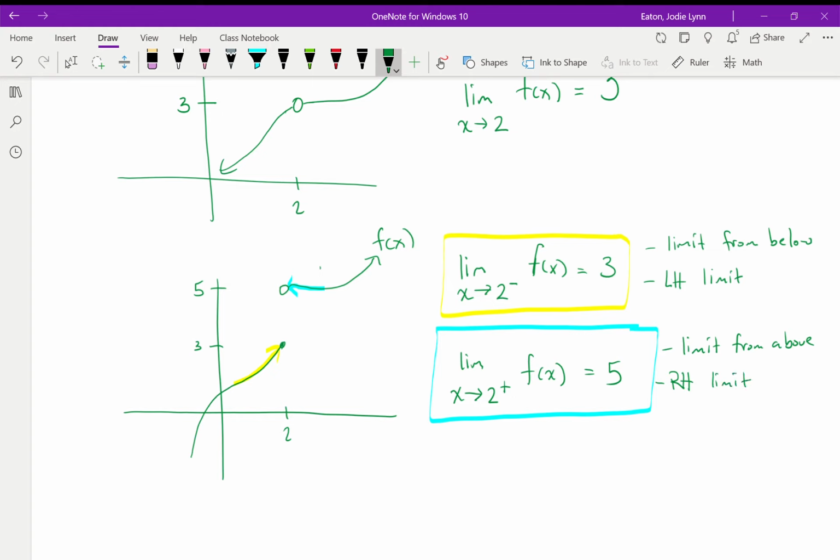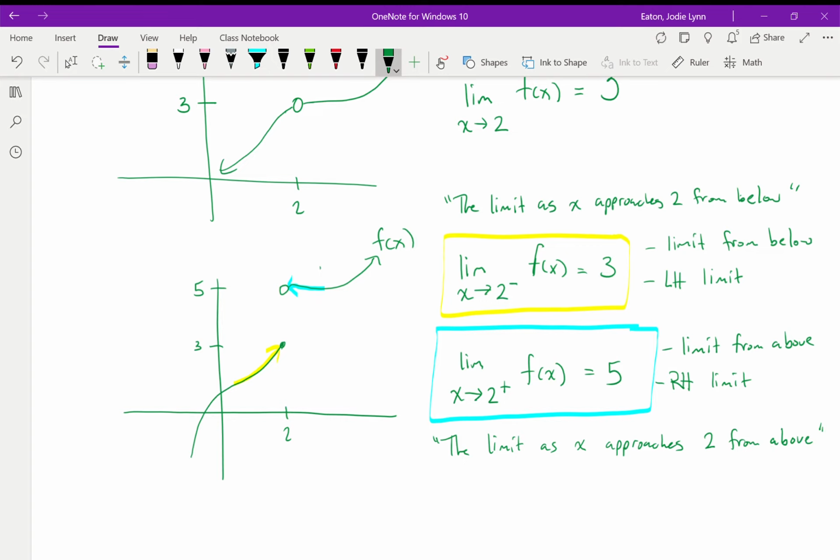And I would read this, the limit as x approaches 2 from above. Okay? So, and I will write the limit as x approaches 2 from below, and the limit as x approaches 2 from above.